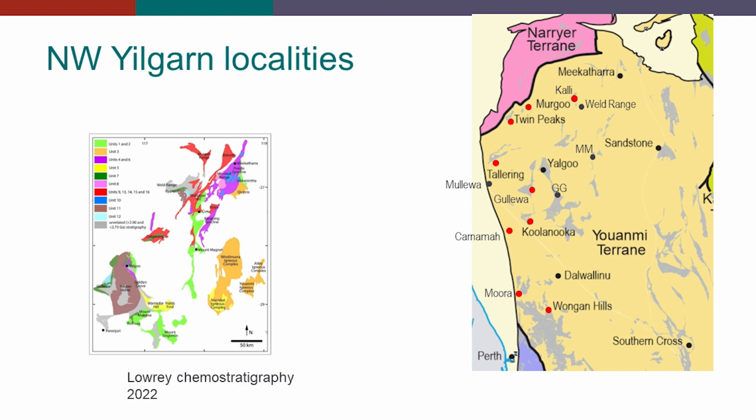Those are very significant localities that I'll mention a little bit today. And compare Jack Lowry's PhD work on the mafic geochemistry within the Q rift zone, Q isotopic zone, that is from Meekatharra down to Yilgarn and up through here.